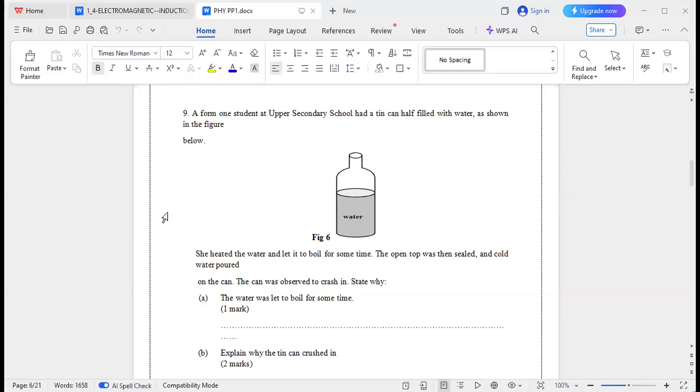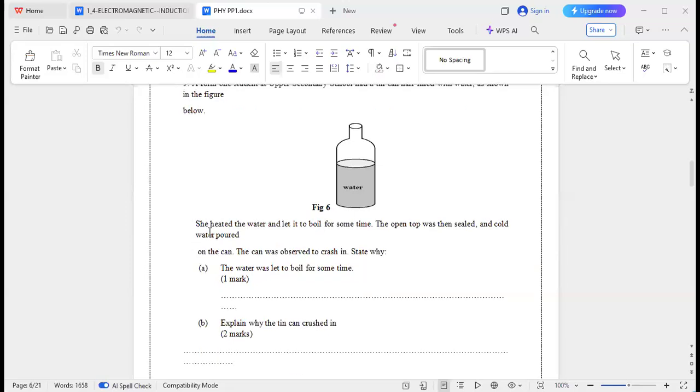Number 9. A Form 1 student at Upper Hill Secondary School had a tin can half filled with water as shown. She heated the water and let it boil for some time. The open top was then sealed and cold water poured on the can.